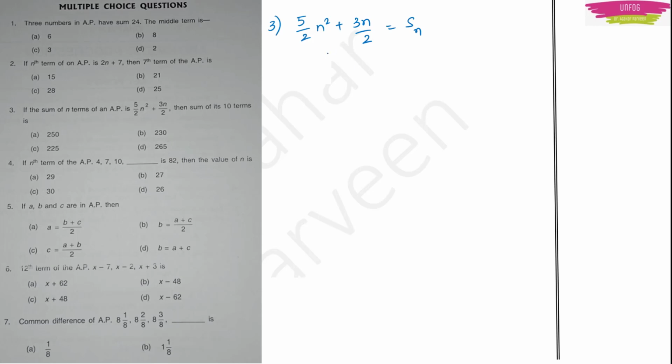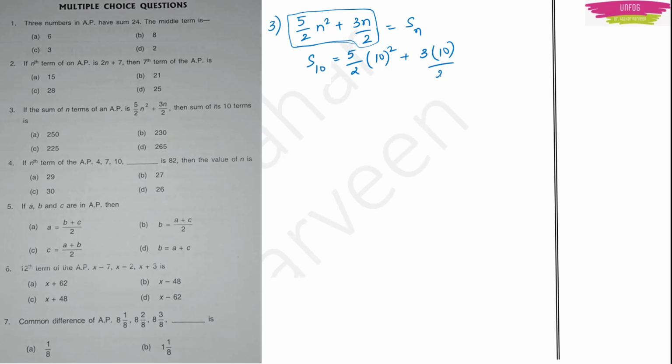We have to find S10. Okay. Now S10 is equal to 5 upon 2 into, what is n now? It will be 10. N square. Because we are going according to this equation. They have given this equation as Sn, right? So we are going according to this. Plus 3 into, what is n again?